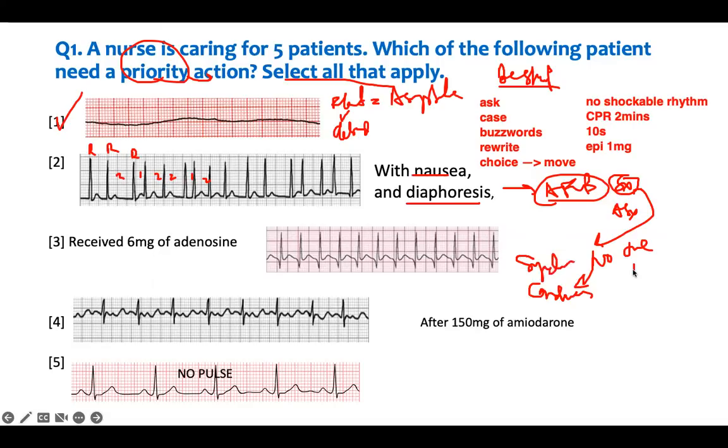And what do you do with synchronized cardioversion? They need to be consented. They need sedation. Okay? They need to be informed that their heart is going to stop for a few seconds. And then you need to put the sync mode on the defibrillator.